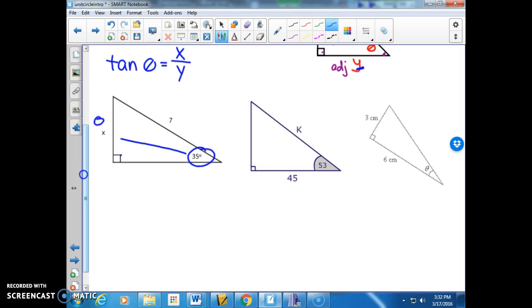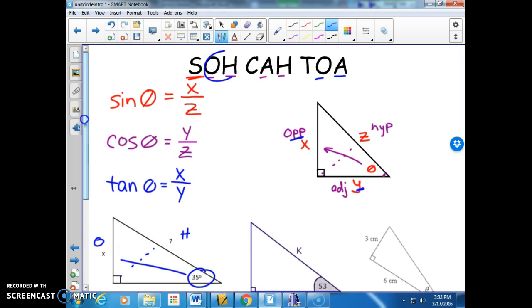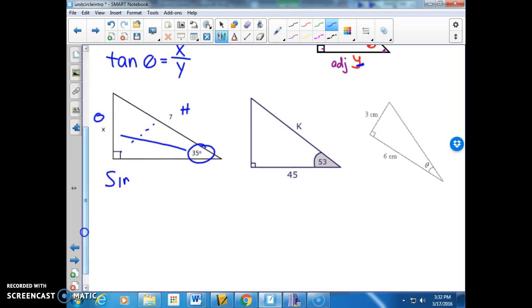My hypotenuse, which is across from the right angle, is 7. So I think, O and H, what trig function is that? If I go up here, O and H is part of sine. So I'm going to write sine, and instead of putting theta this time, I'm going to put 35 degrees. And then O over H, so x over 7.